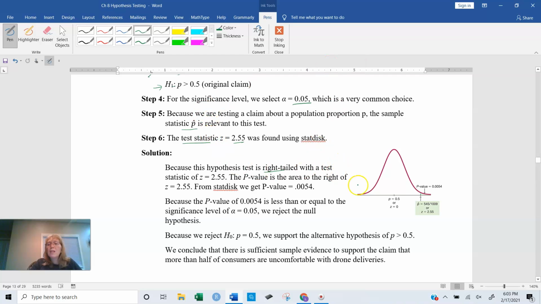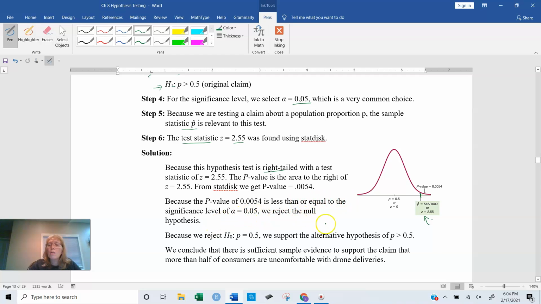All right, we have our test statistic, which is 2.55. That's here on our normal graph. So we draw this 2.55. We're kind of guessing. That's where our z-score is. Now, we get a p-value of 0.0054. That's over here. Okay, the p-value of 0.0054 is less than or equal to the significance level of 0.05.